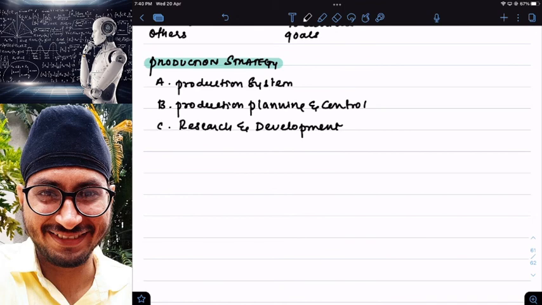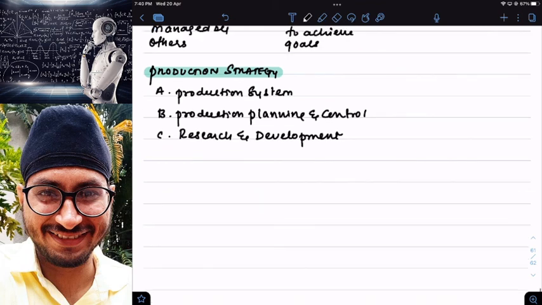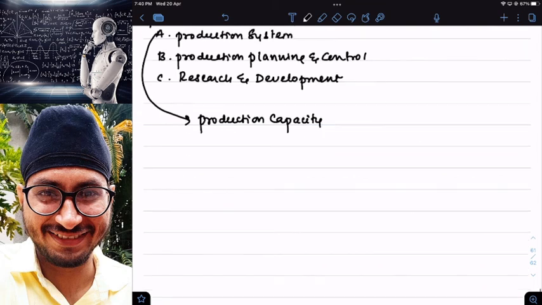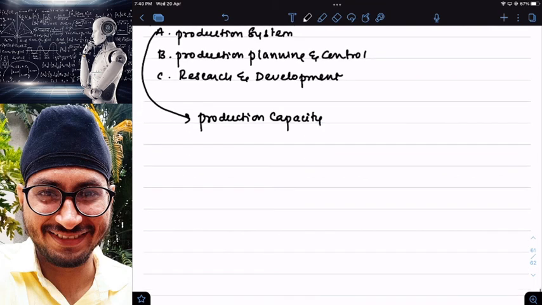Now, sir, what all points are included in the production system? It includes production capacity, location of manufacturing, and layout of shop floor.